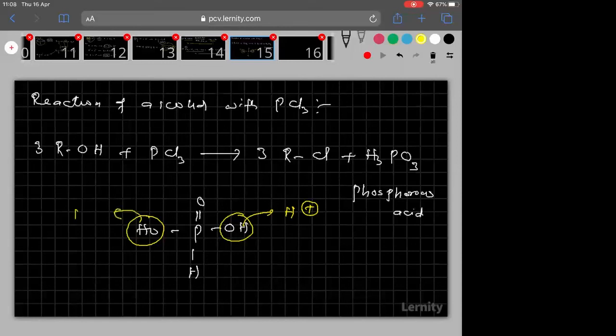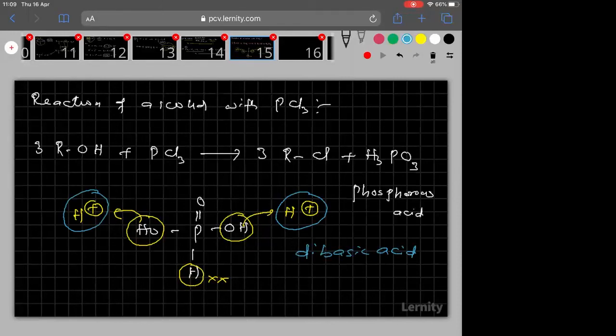But this hydrogen cannot come out as H plus because it is not bonded to oxygen. So two H plus ions are released. That is the reason why phosphorus acid is a dibasic acid, giving 2 H plus ions.